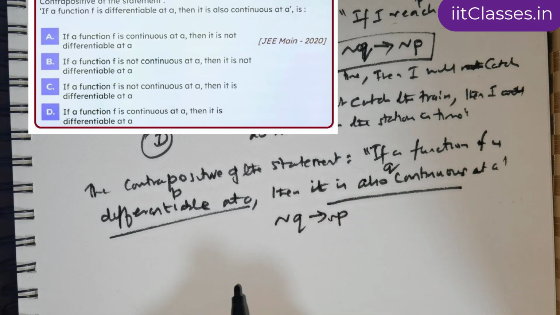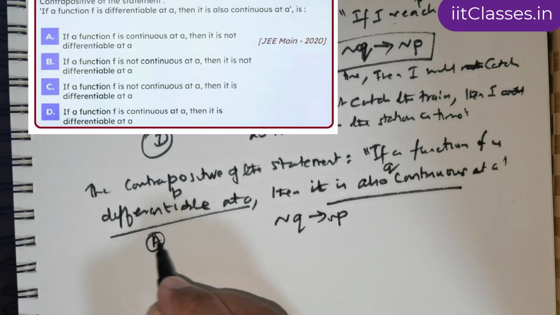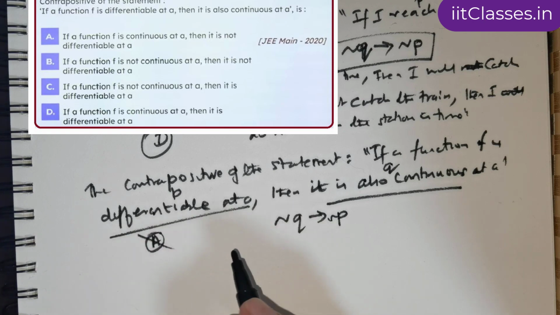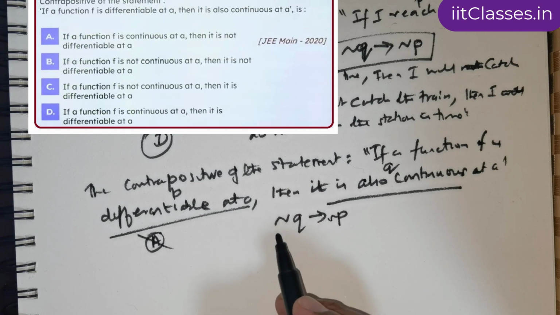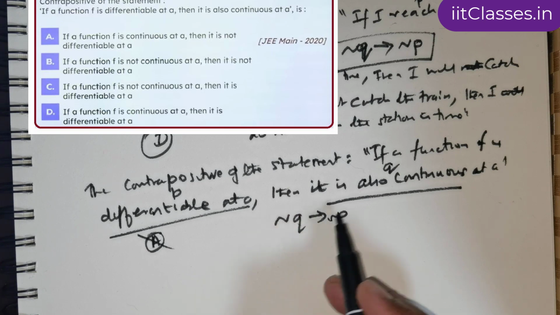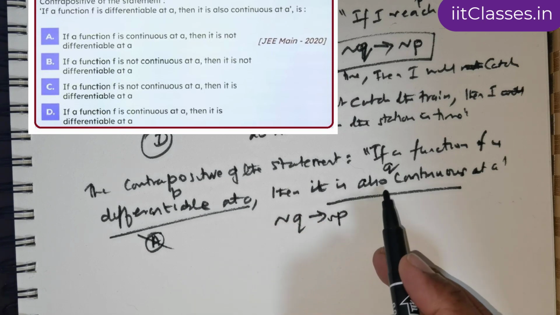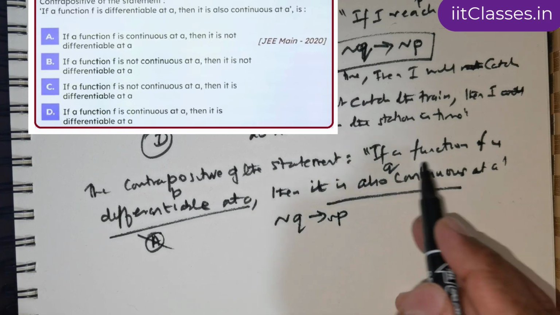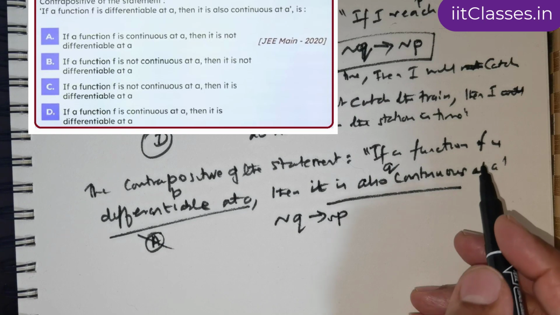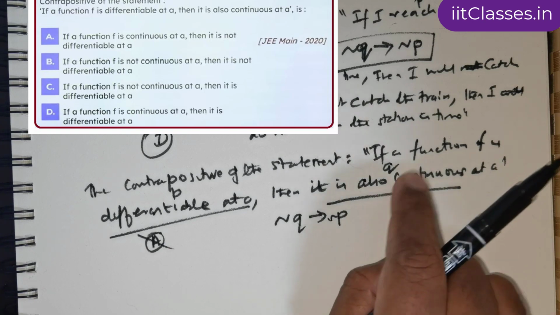So if you were to look at the choices, definitely A is not going to be the right one, because A states if a function f is continuous. We are not talking about the function being continuous. We are looking at the negation of q. So in this case it has to start, if a function is not continuous at a, then it is not differentiable. So we need to have a negation, not here and not here.